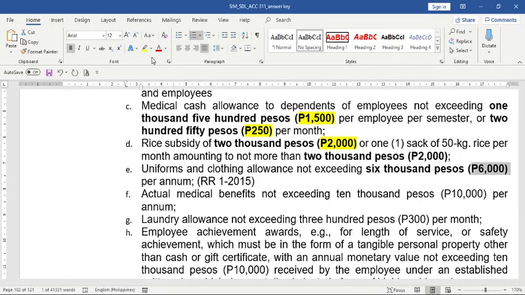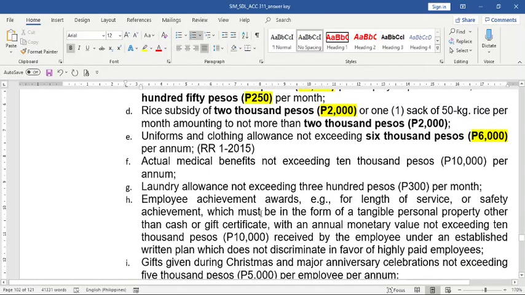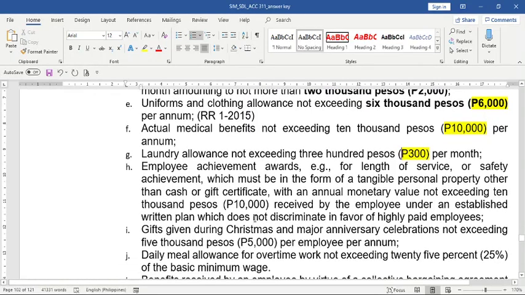Uniform and clothing allowance. This is the latest, 6,000. Actual medical benefits not exceeding 10,000 per annum. Laundry allowance, 300 per month, de minimis. So, excess of it, taxable. Employee achievement awards for length of service, safety achievement, as long as the value does not exceed 10,000, that is our limit, okay?